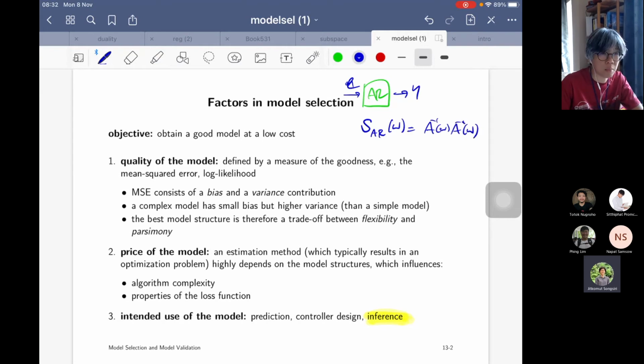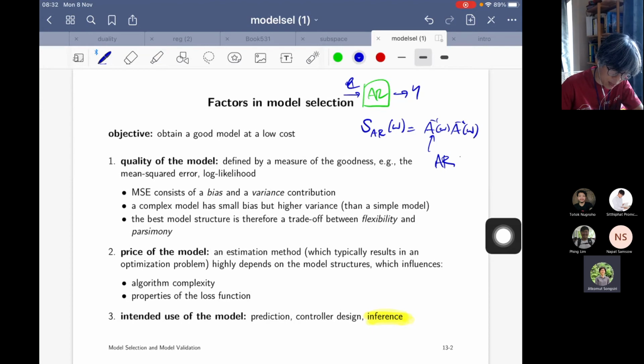Let me sketch in this way. This A is the AR polynomial that contains the AR matrices. The spectral density of a random process has a connection with the conditional independence property.